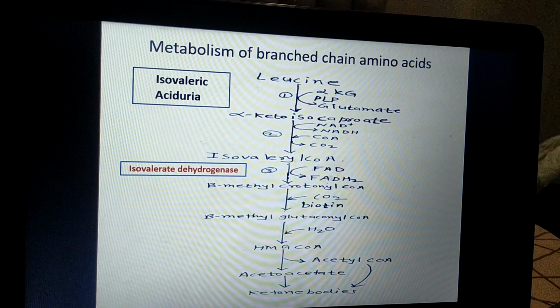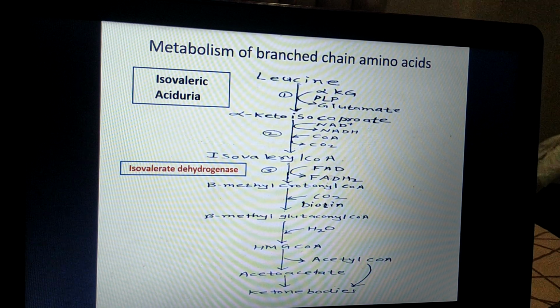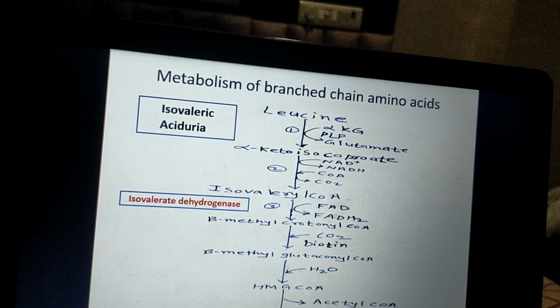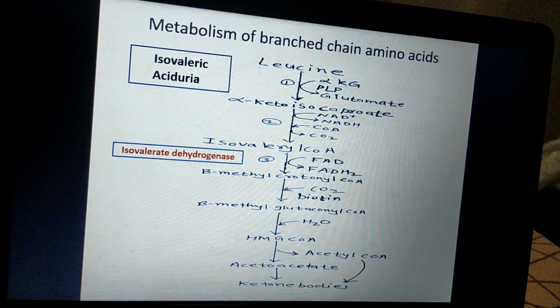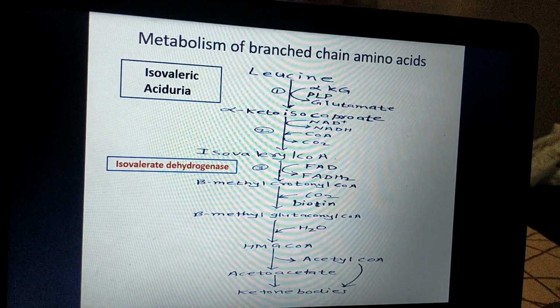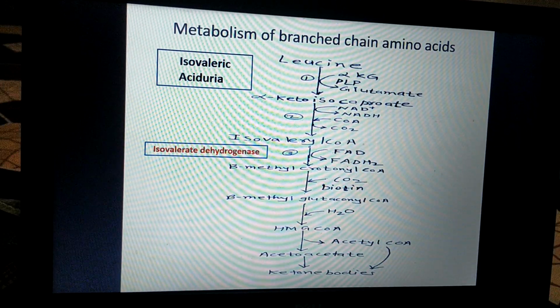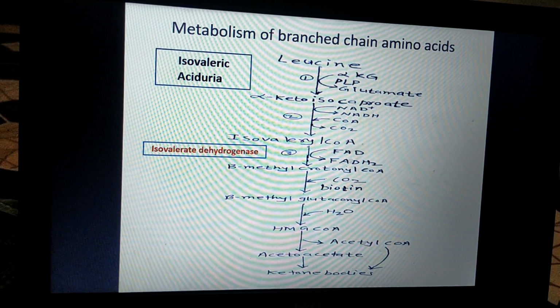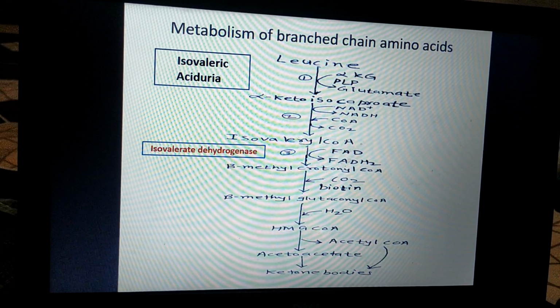It is shown here. This is the leucine catabolism, and the third step, the FAD dependent dehydrogenase, or complete name isovalerate dehydrogenase enzyme, is deficient. The catabolism of the other amino acids is normal in this condition. So the other 2 amino acid catabolism is normal.